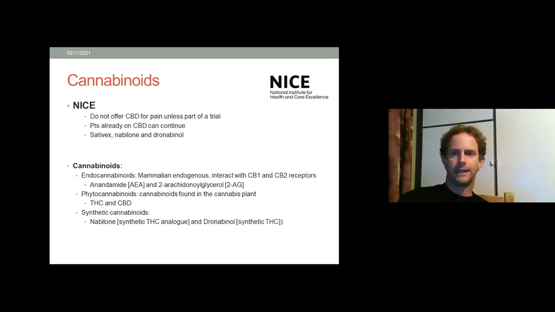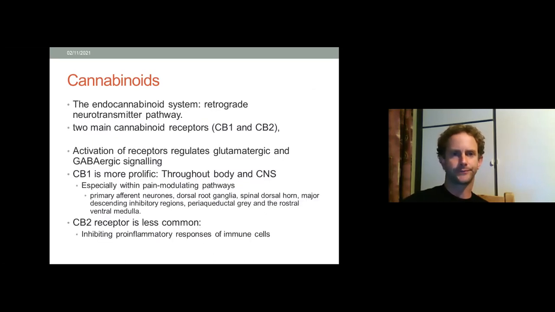There are two main endogenous cannabinoids in the body, AEA and 2-AG, and they interact with your CB1 and CB2 receptors. Then from the cannabis plant, you have phytocannabinoids, and that's your THC and your CBD. And then there are some synthetic ones that have been produced. So the cannabinoid system is a retrograde neurotransmitter pathway.